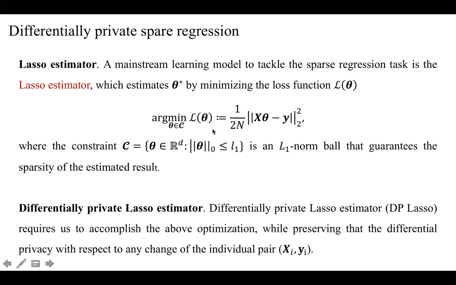Here, the trainable parameter theta is constrained in an L1 norm ball that guarantees the sparsity of the estimated result. When we want to devise a differentially private lasso estimator, we need to attach another condition to this optimization problem. In particular, we should guarantee differential privacy with respect to any change of the individual pair x_i, y_i.